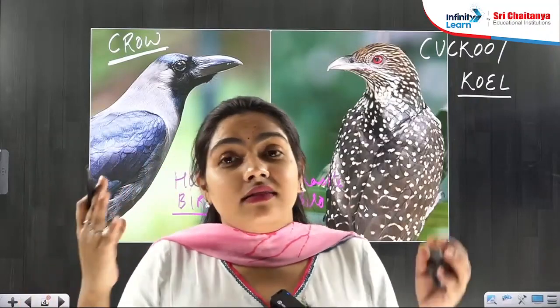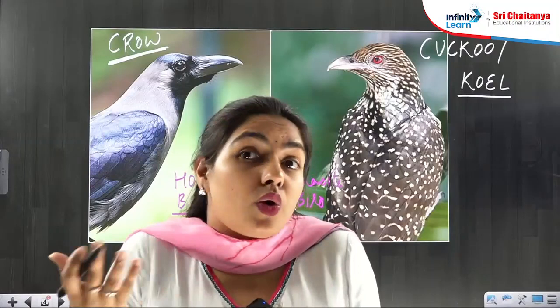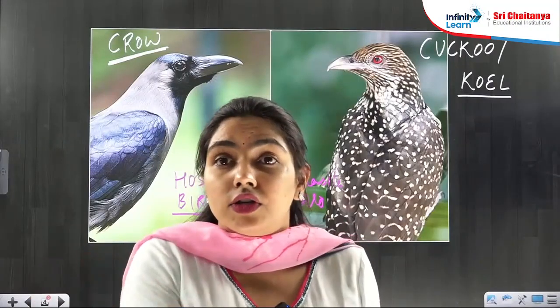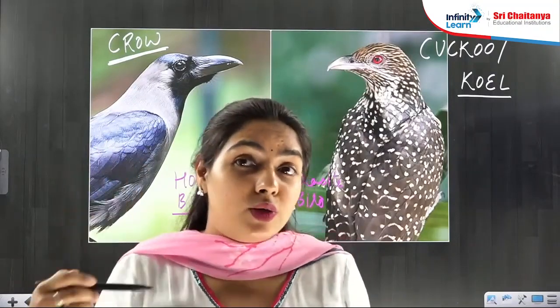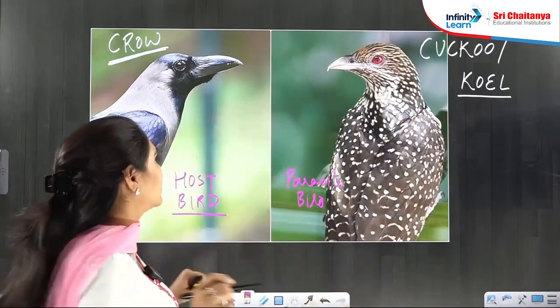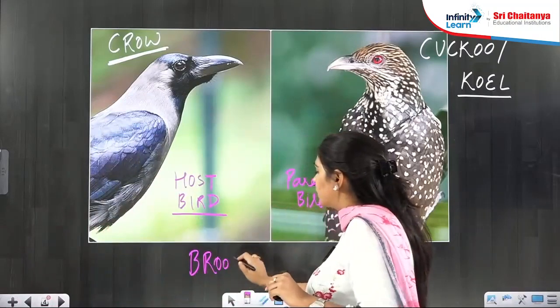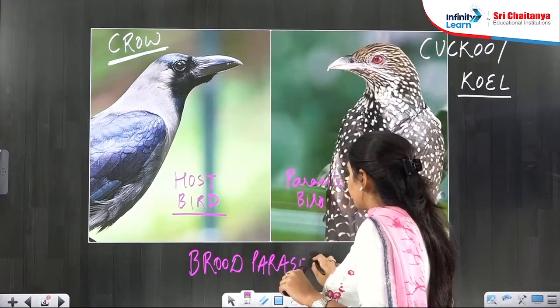Now there is similarity between the eggs of the crow and cuckoo. So, crow will not be able to identify which are cuckoo's eggs and which are my eggs. So, the crow has to look after all the eggs. This is known as brood parasitism.